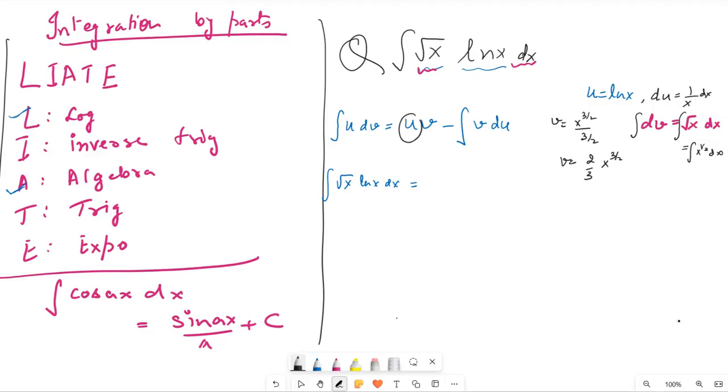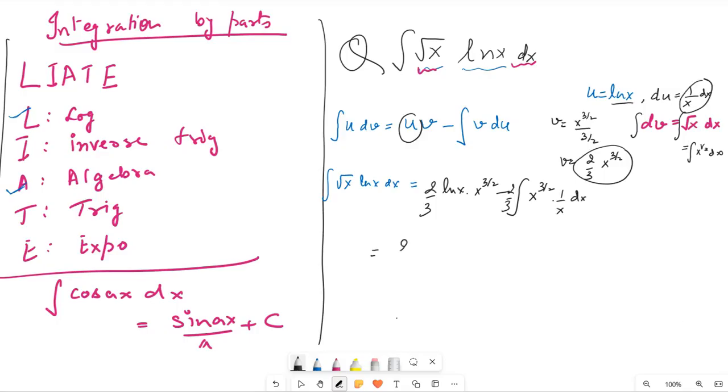That should be equal to u, which is ln x, times v, which is 2 by 3 x to the 3 by 2, minus integral v, which is 2 by 3 x to the 3 by 2, times du. What is that? 1 by x dx.